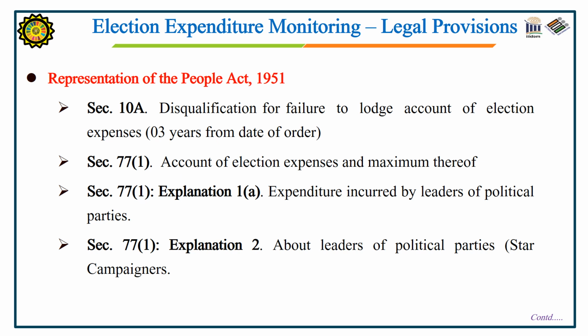Section 77(1). Account of election expenses and maximum thereof. Section 77(1), Explanation 1. Expenditure incurred by the leaders of political parties. Section 77(1), Explanation 2. It is about leaders of political parties, that is, star campaigners.